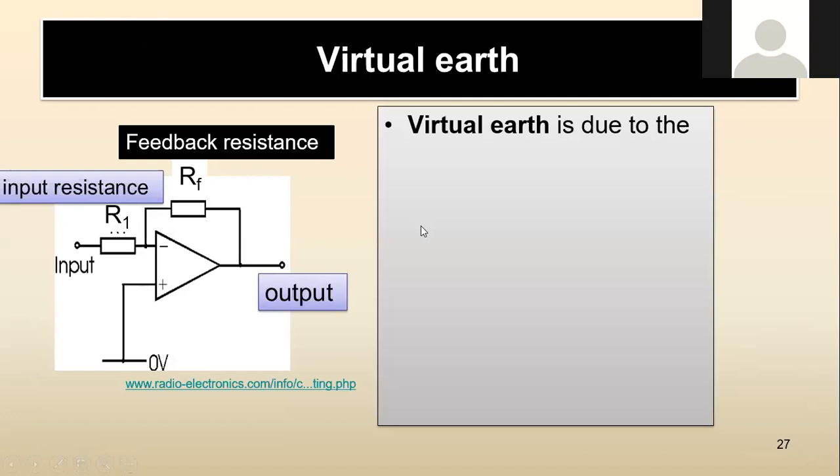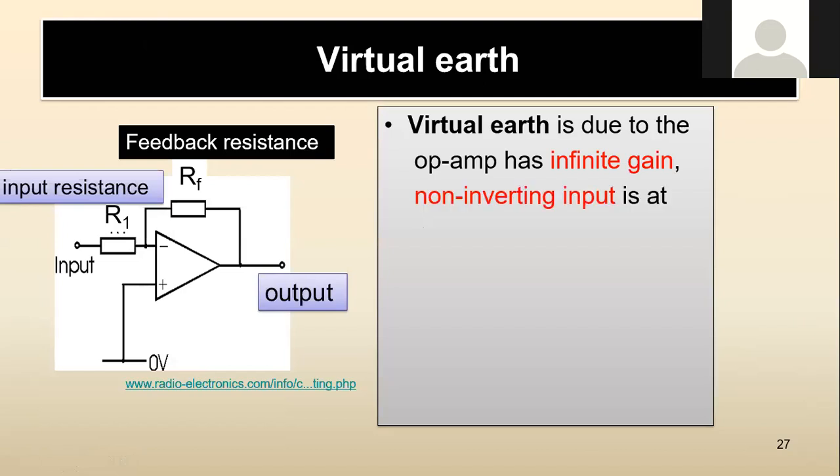Virtual earth is due to the op-amp having infinite gain, very, very large gain. And the non-inverting input is at earth potential. That means this positive input terminal is at earth, so the negative input terminal is also at earth, or zero voltage.